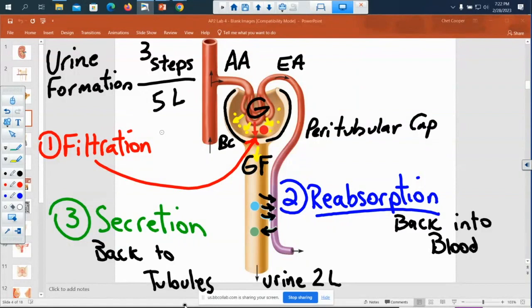I think it's the location. It's in the retroperitoneal. I'll just watch it back.